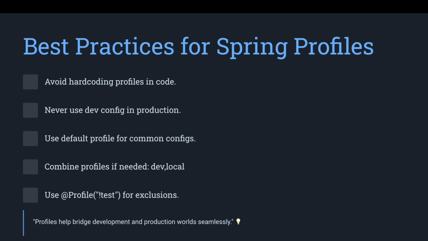And use @Profile: if you don't want something to be loaded, you can exclude it using this @Profile and pass the environment specific value. So it will not load, it will be excluded from the loading.